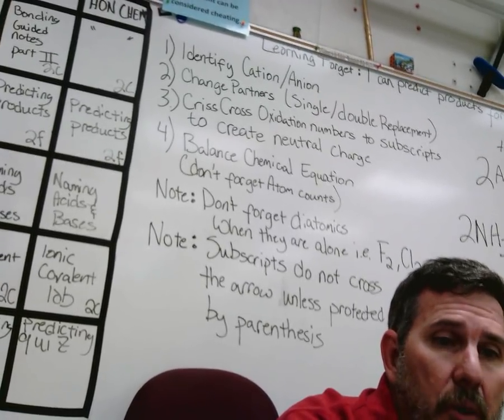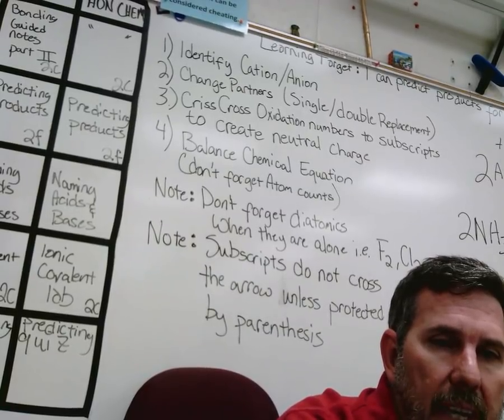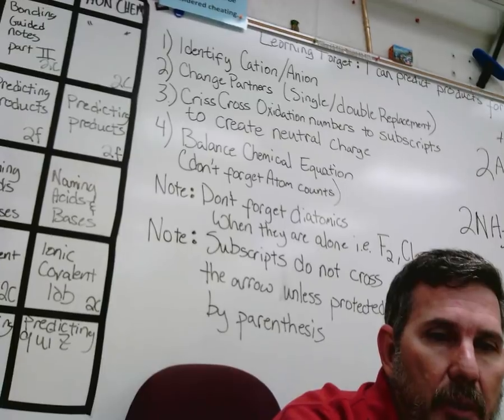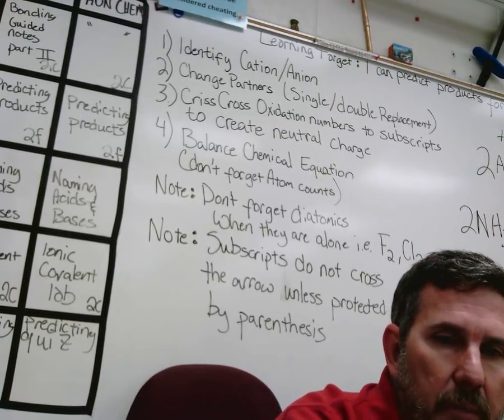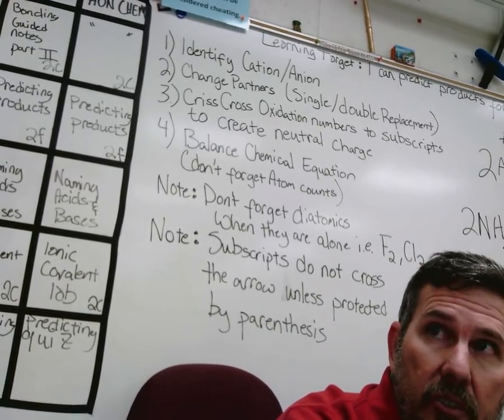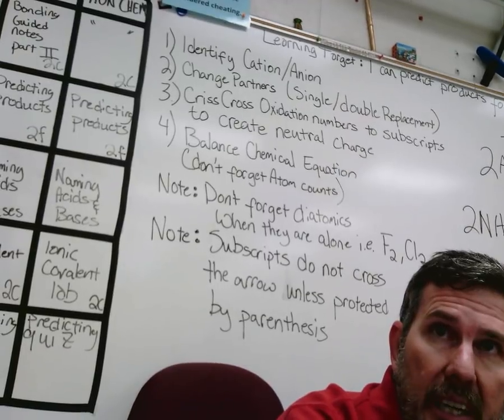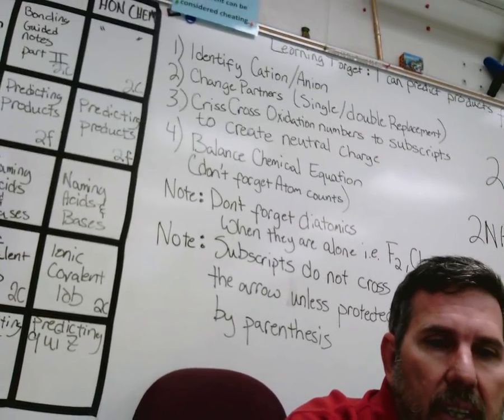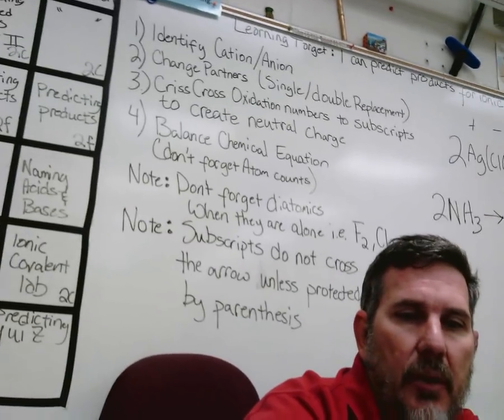Step 4, balance chemical equation. Don't forget atom counts. Again, trying best practices. Don't forget diatomics when things are by themselves, like oxygen, nitrogen, fluorine, chlorine, bromine, iodine, and hydrogen. It's got to be H2 or O2 or F2. And subscripts do not cross the arrow unless protected by parentheses.